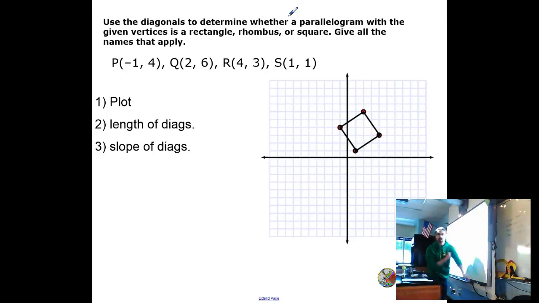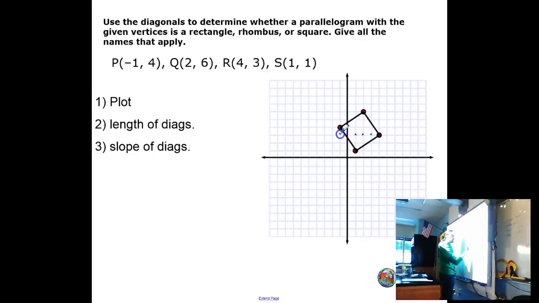I'm going to talk nice and loud so you can hear me. If you can't hear me, turn up the volume because I have to work at the board. Going from these points, the slope goes down 1, then over 1, 2, 3, 4, 5.